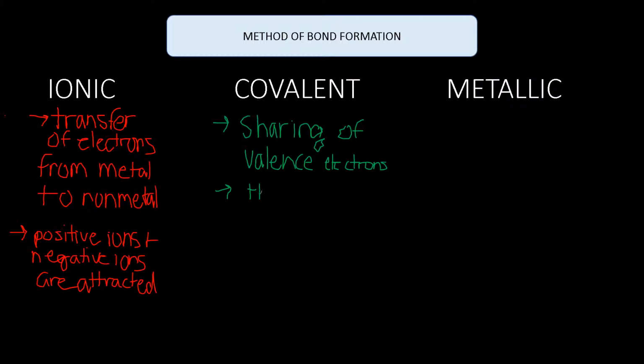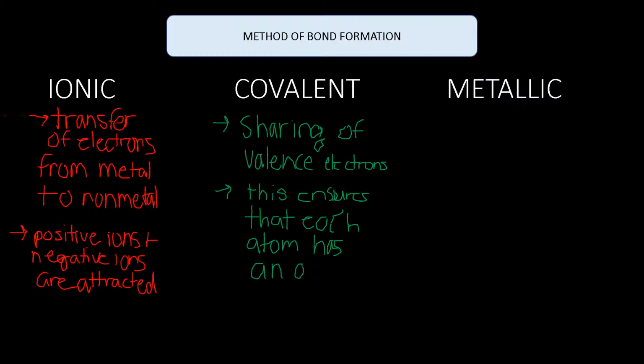And the important thing about covalent bonds is that we are ensuring that each atom has an octet. And an octet means it has a full outer shell. And this does not necessarily have to be 8. It usually is, but in some cases it can occur with 2. And in a later video, we will talk about the exceptions to this octet rule with covalent bonding.